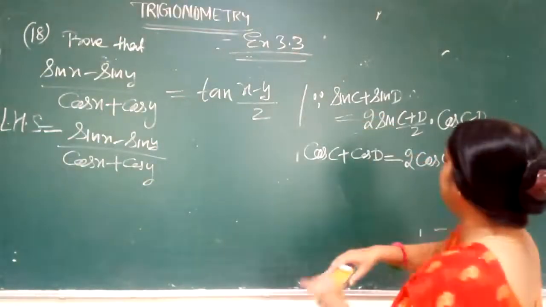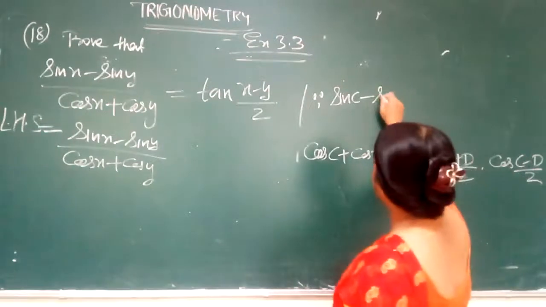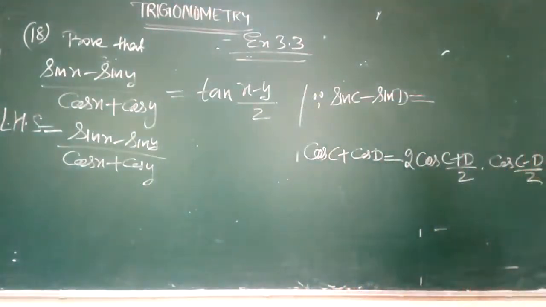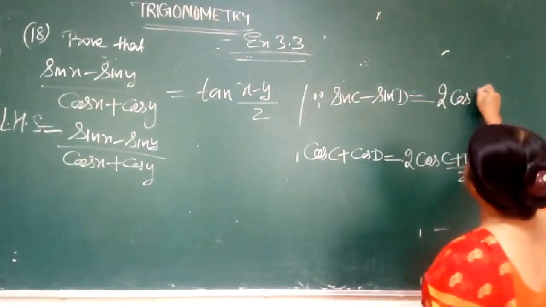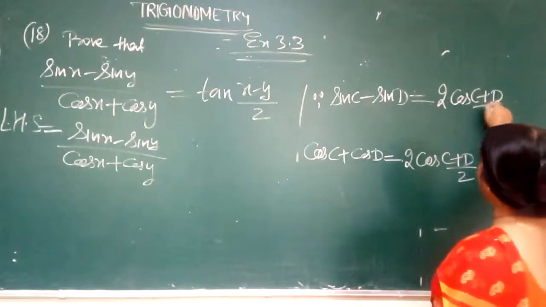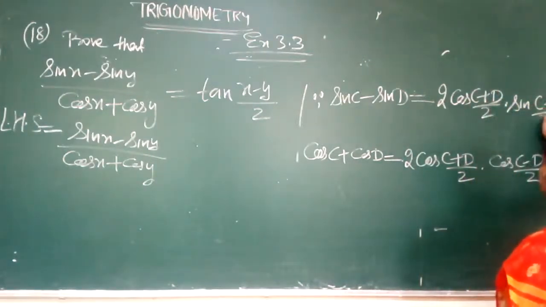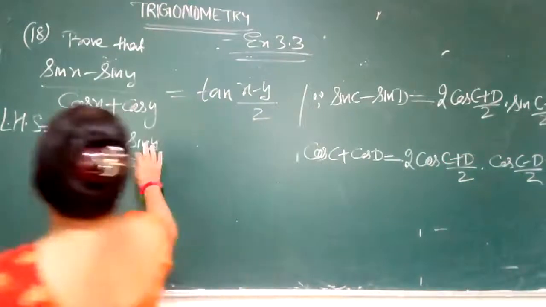But here we have sin x minus sin y, so we will use sin c minus sin d. So what will come here? Sin c minus sin d is 2 cos (c plus d) by 2 into sin (c minus d) by 2. This is the formula of sin c minus sin d, so we will use this formula here.